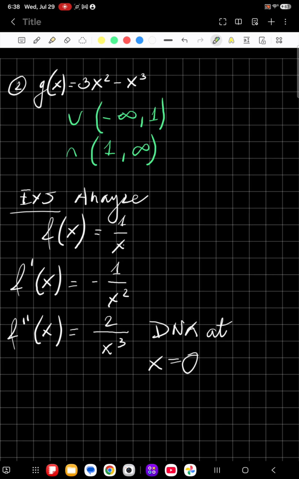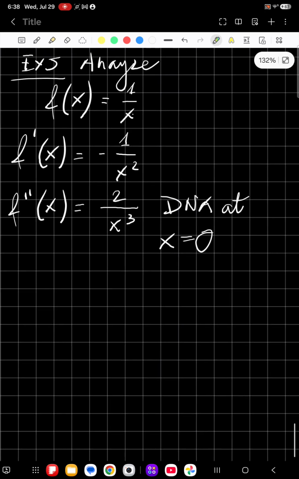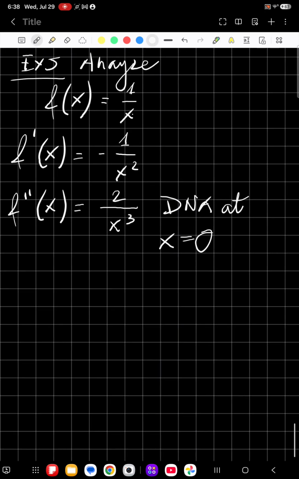Okay, and let's graph it quickly and see what's happening. So this is the basic rational function, and it looks like this.